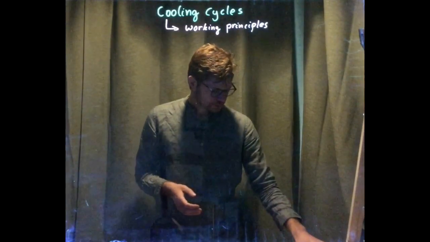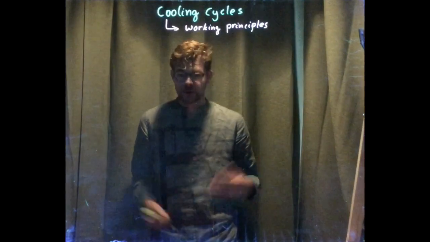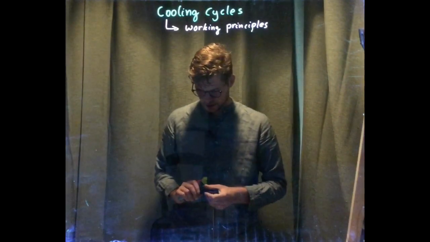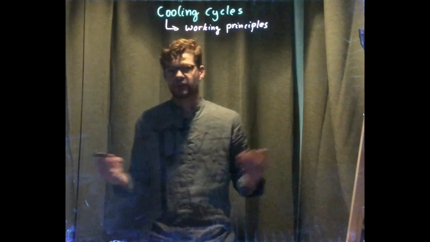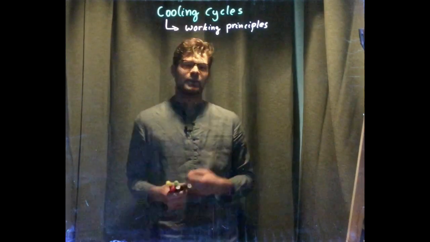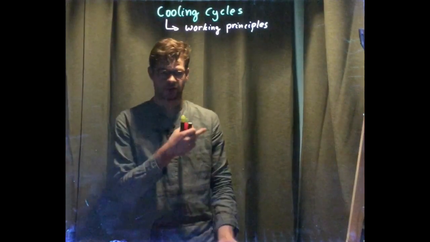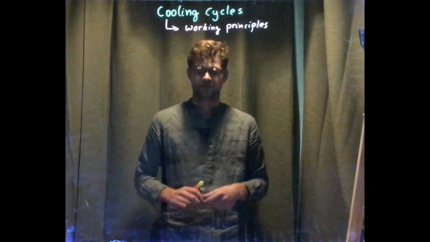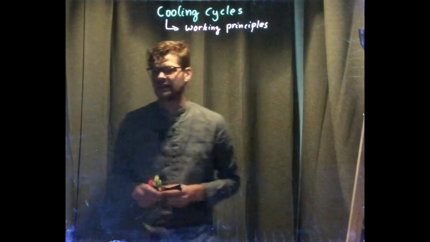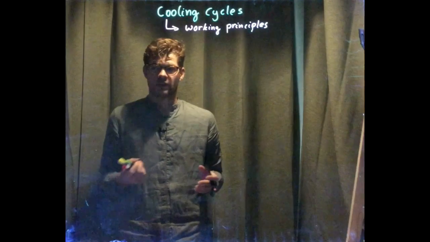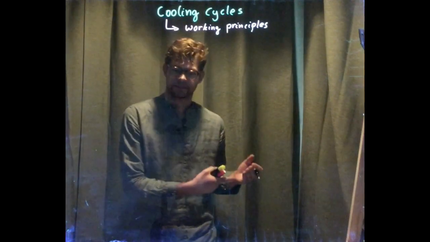So now I'm going to tell you about the cooling cycles. First we need to state the objective of a cooling cycle, because it sounds rather easy. Just cool something in space, like your refrigerator or whatever. But actually it's not that easy, because it's not possible to create coldness.